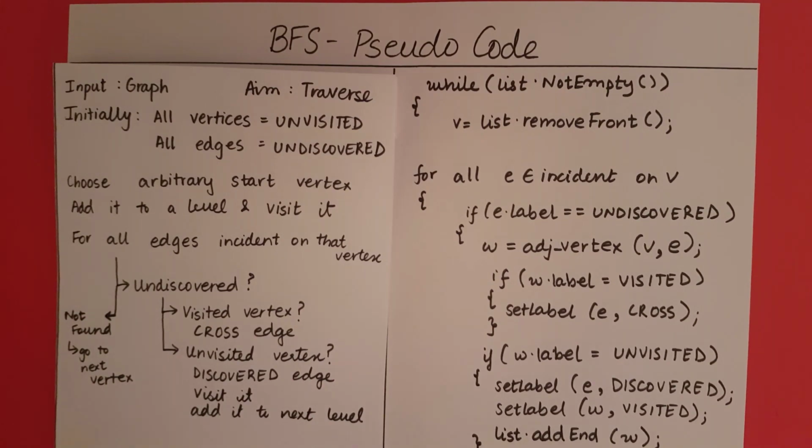So in what order am I exploring this set of vertices? I am exploring everything from level 0, then everything from level 1 and so on. Whenever I want to add a node to the next level, I add it to the end of the list. In this way, we can implement the levels in our code.